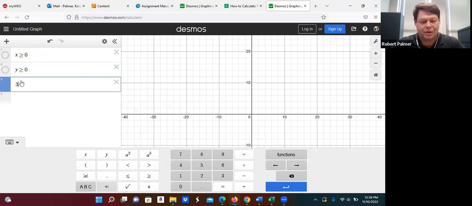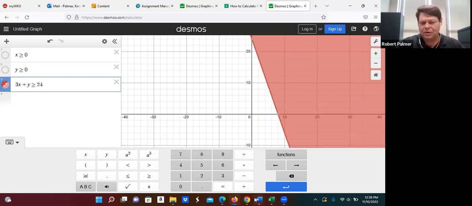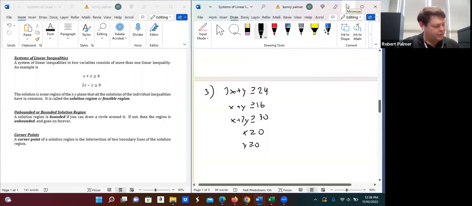So 3x + y is greater than or equal to 24. Okay, double check, make sure that's right. Yeah, greater than or equal to 24. They're all greater than or equal to.